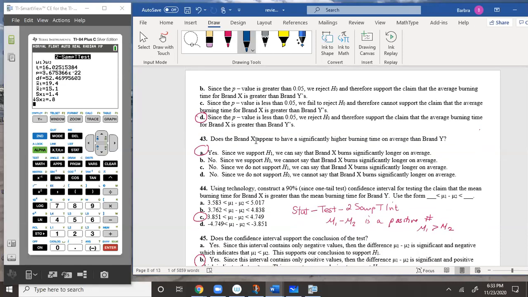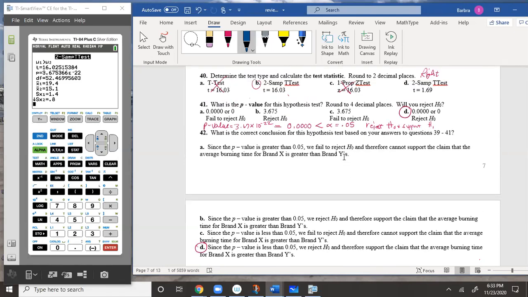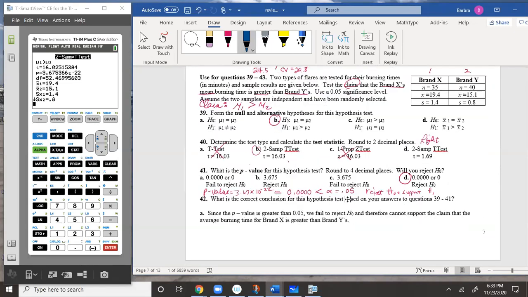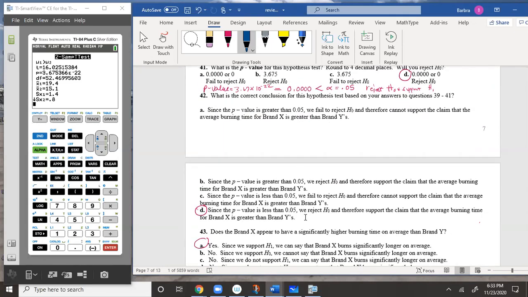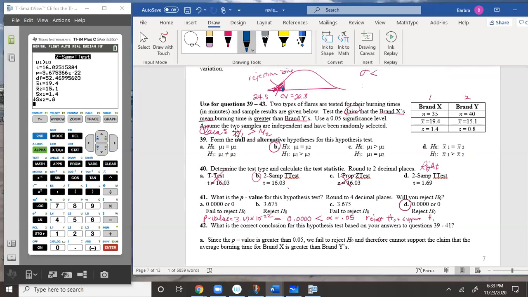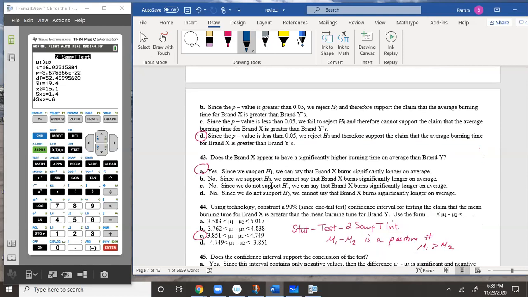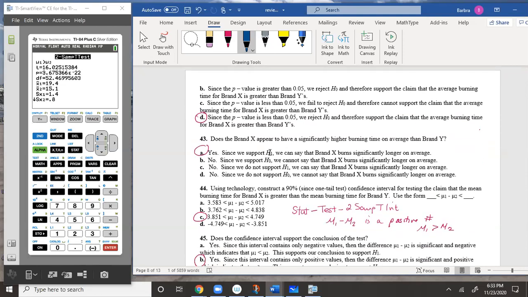And does brand X appear to have significantly higher burning time on average than brand Y? Since we support the alternative hypothesis, that mu1 is greater than mu2, we say yes. Brand X burns significantly longer on average than brand Y.